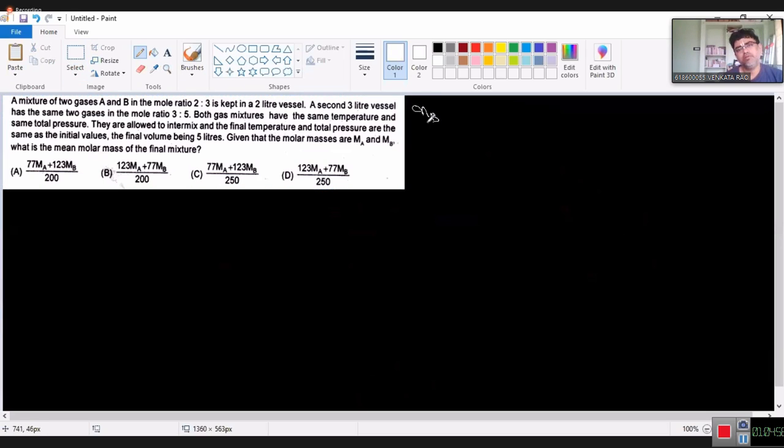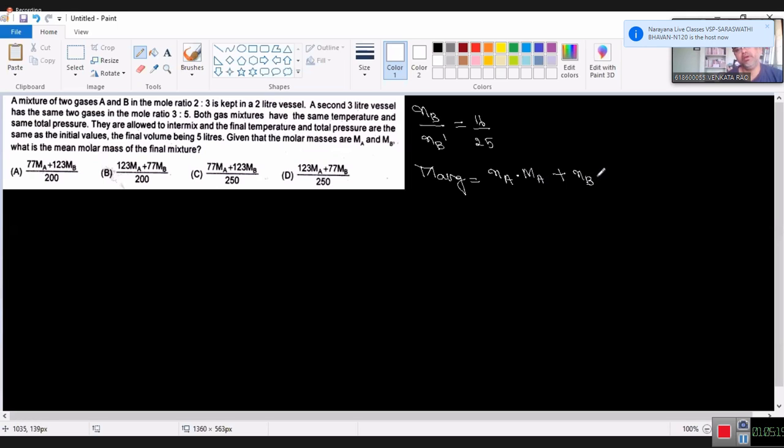And I got finally Nb by Nb dash is equal to 16 by 25. Continuation: the molar mass average. What is that? Na Ma plus Nb Mb by Na plus Nb.